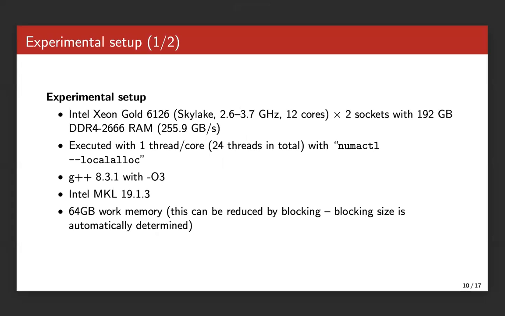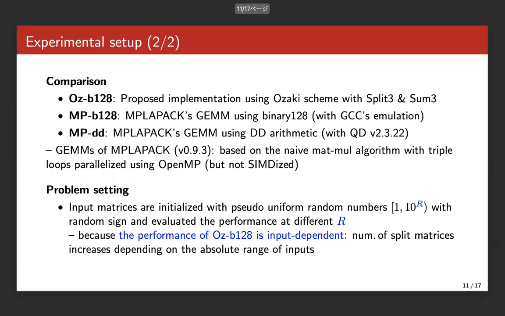So let me move on to the performance evaluation. We used Skylake CPUs with 24 cores in total. Other details are as listed here. For comparison, we also evaluate the performance of binary128 GEMM and double-double GEMM in MPLAPACK.